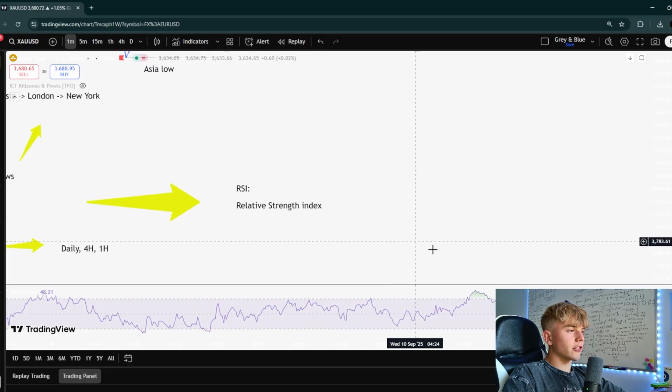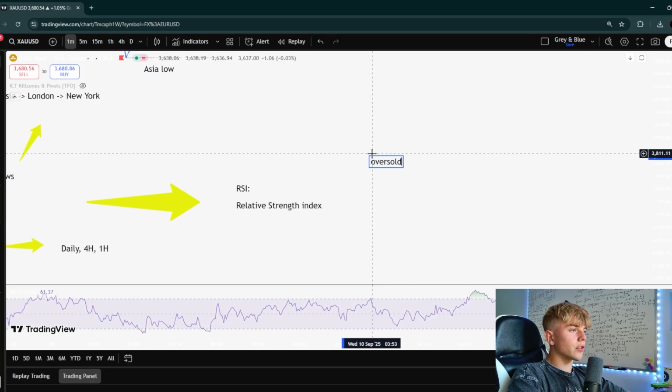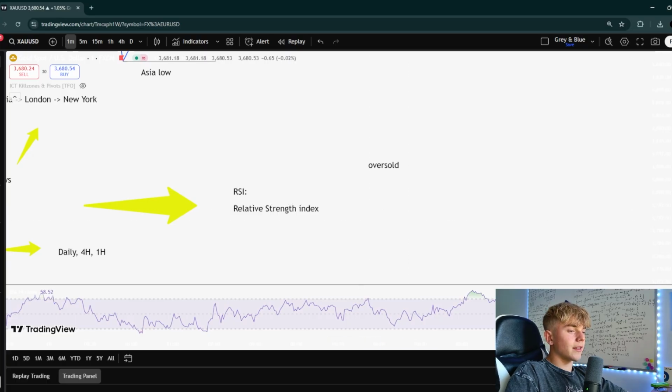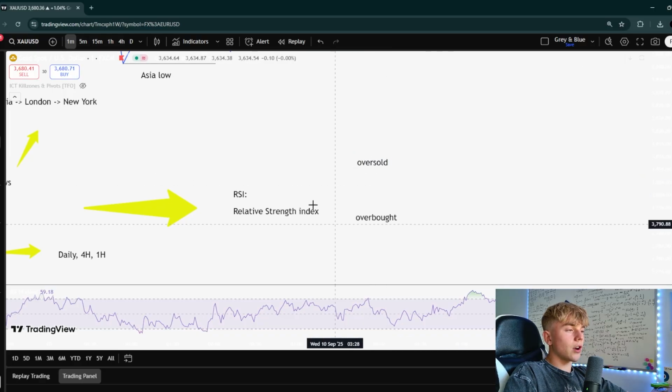What the RSI shows is the strength of the trend, and it shows when price is either oversold or when price is overbought. When price is overbought, usually it sells off, and when price is oversold, usually it has a big bullish rally.